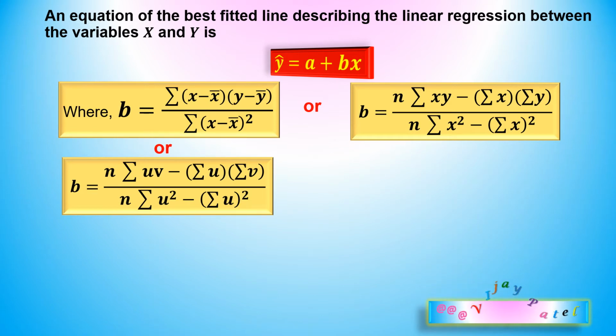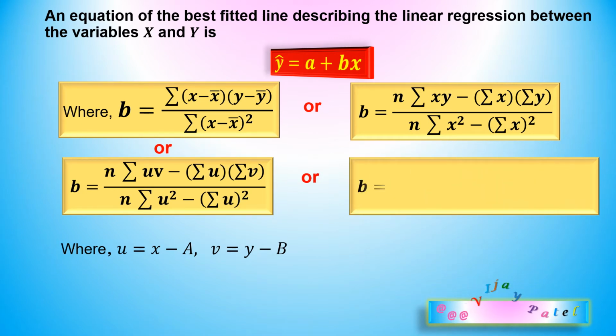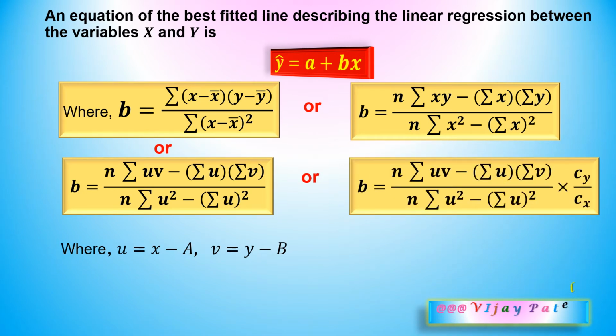This formula is used when we define new variables u and v, when we change only the origin. So whenever we change the origin, the new variables are u is equal to x minus a and v is equal to y minus b. Or we can use this formula, b is equal to n sigma uv minus sigma u into sigma v upon n sigma u square minus sigma u whole square into cy by cx.